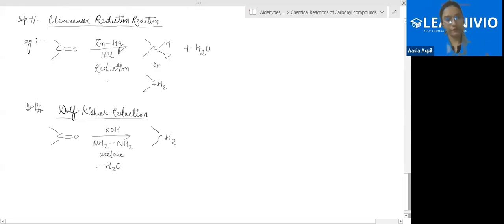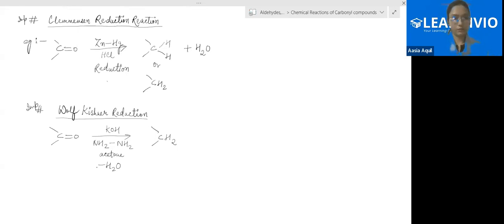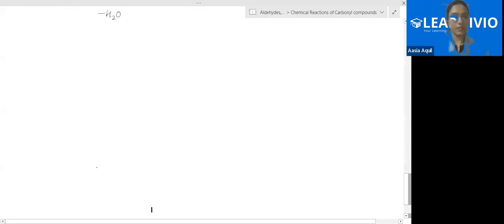Next is your base catalyzed reaction. We will see base catalyzed reactions. Again, it is a very important topic. First one is your aldol condensation. It is a base catalyzed reaction.